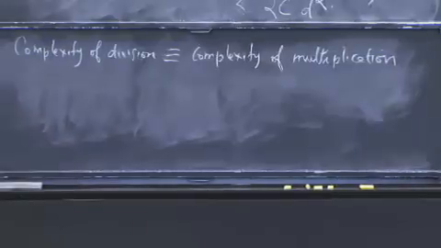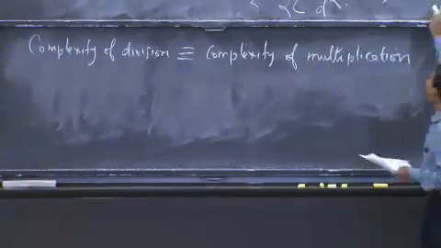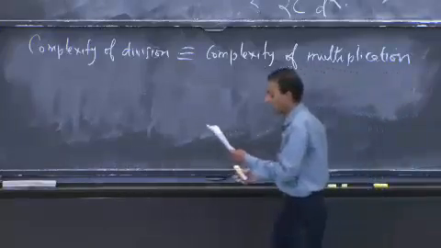You are doing a logarithmic number of iterations, but since eventually all of the work is going to get done at the end here, most of the work is getting done at the end when you have these long numbers, right? That's basically the essence of the argument.